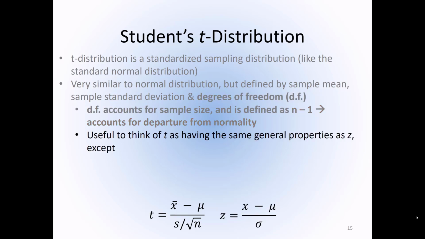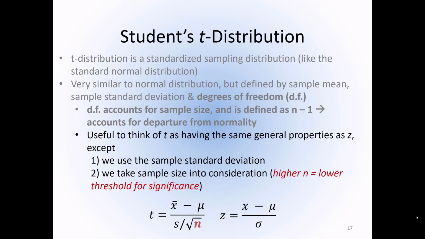And so it's useful to think about the t-distribution as having the same general properties as the z-distribution, except for a couple key factors in that we're using the sample standard deviation instead of the population standard deviation, and we're taking into consideration sample size, which we know from the central limit theorem plays an important role in the shape of our distribution and our ability to estimate the parameters that we're interested in. And this is inherently built into the formula in which we convert our data into this t-distribution.